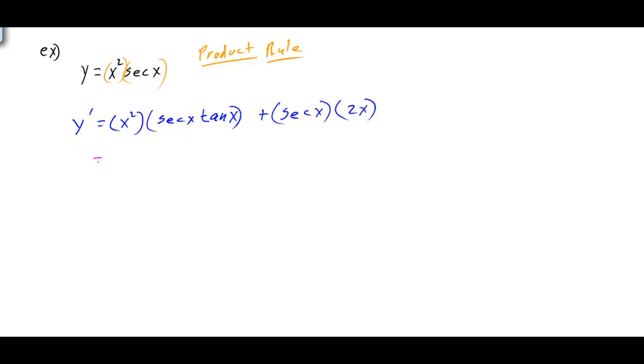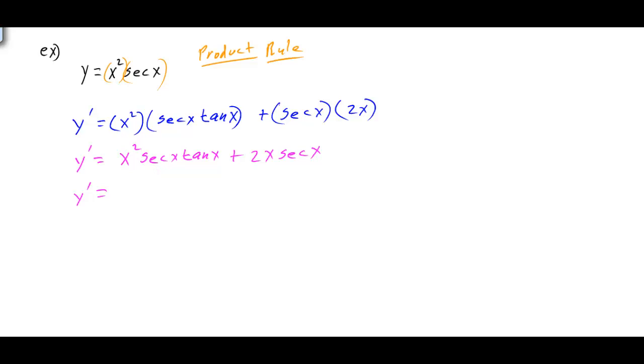And then at this point, all we're going to do is simplify. In this case, we can rewrite without parentheses. So we simply have x squared secant x tangent x, and the 2x, we're going to write the 2x in front to get 2x secant x. At this point, can you see any way we could simplify this any further? Well, we have an x squared and an x, so we could certainly factor out an x.